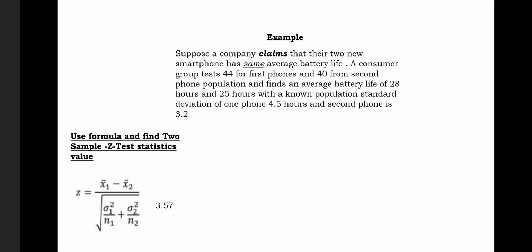What we notice is that this formula is not exactly what I taught you. It's because the population mean of both smartphones is claimed to be the same. So there is no use of the population mean, because the population mean will be mu minus mu, which is 0.